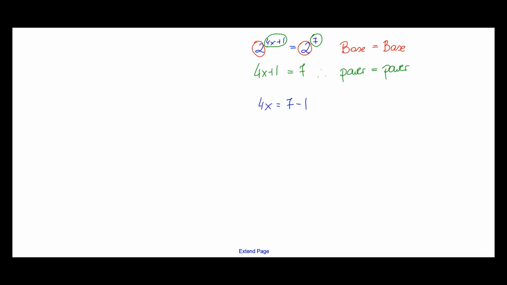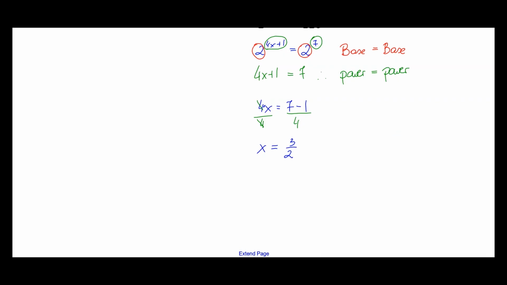Last thing, I don't want 4x, 4 meaning multiply by x. I want just x. To get rid of this multiplication we divide, and if I divide one side of the equation, I have to divide the second side. So my x equals, I put that in my calculator, and I get 3 over 2. That is one way of solving it.